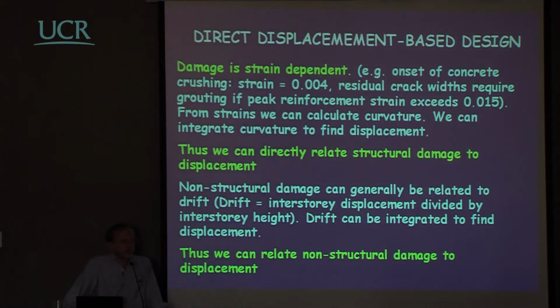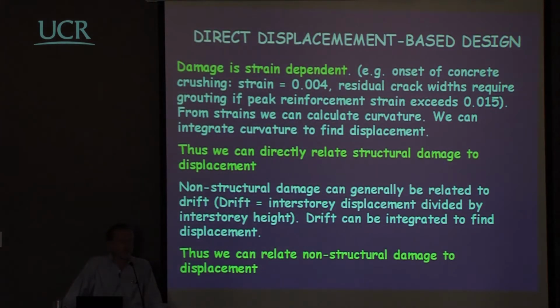We do this all the time. When we look at the performance of a section, and I will enter into more detail on this aspect, we are looking at the elongation of the steel and the shortening of the concrete, and we are relating local damage to strain. And when we integrate the local damage into the more global element level or structural level, we still have a strong correlation between damage and strain.